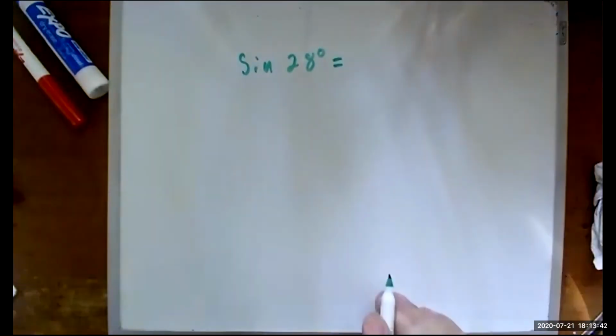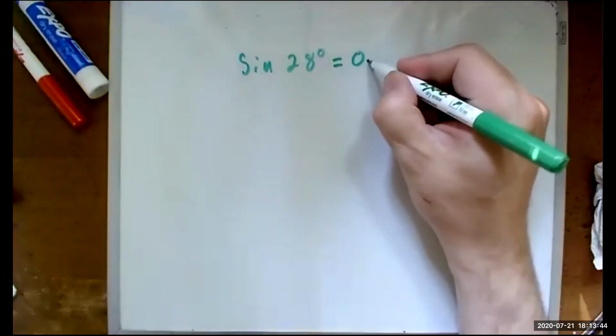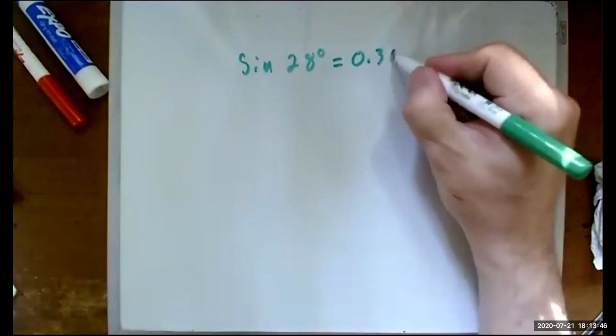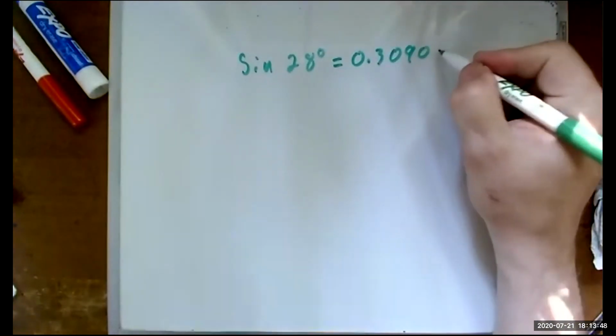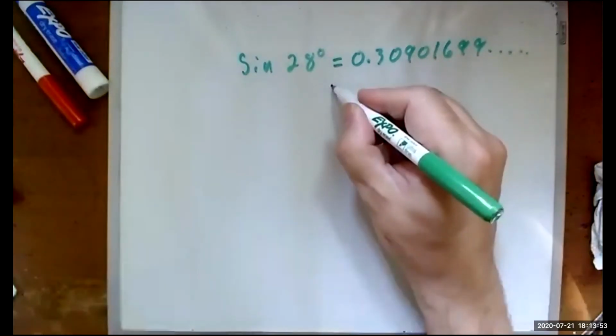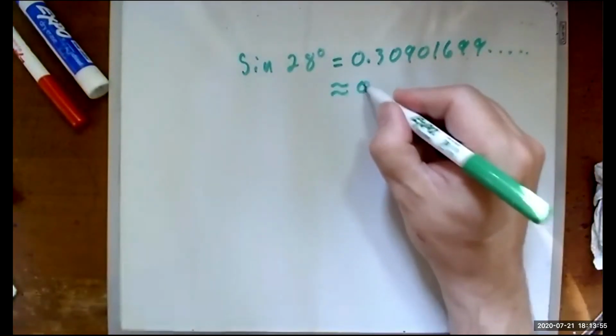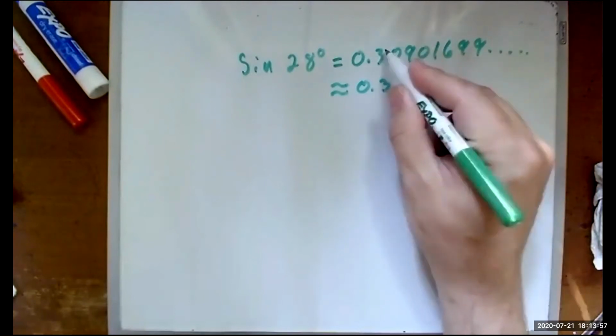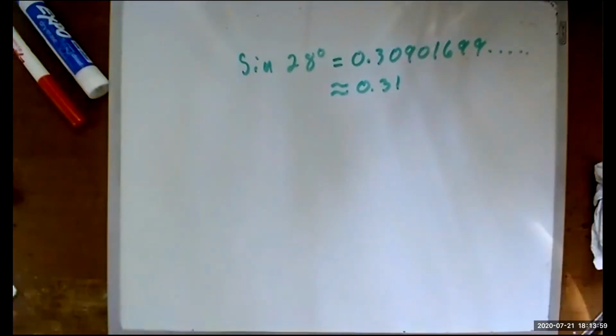It all depends on the calculator that you've got. However, if you've done it right, it's going to come out looking like this to start with, and it goes on and on. We only want it to 2 decimal places, though. The 9 tells us we go up, so we're at 0.31.